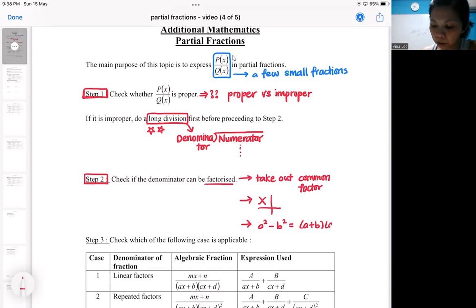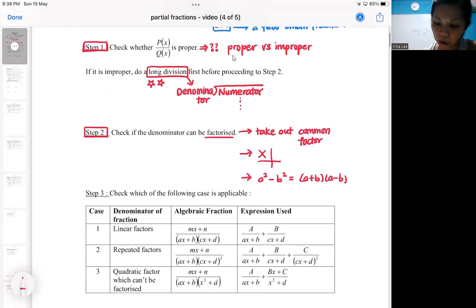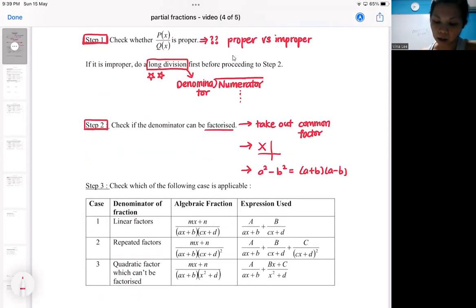We still have the method for grouping, but we don't use grouping factorization that much in partial fractions, seldom. So you got to check for these three methods, whether it can be factorized or not. Basically you need to assess these two steps first, then only we can check which cases are possible.